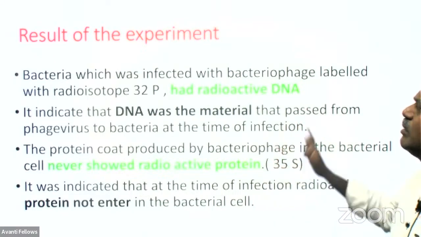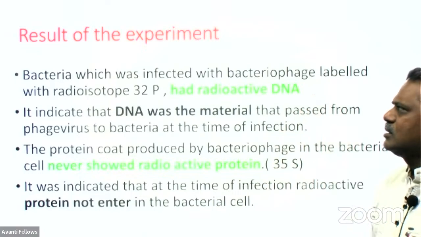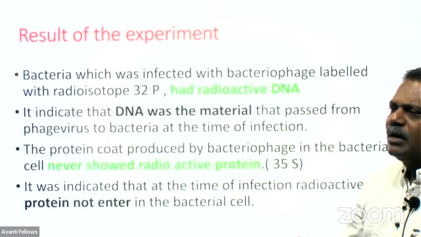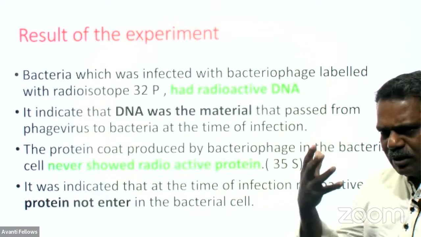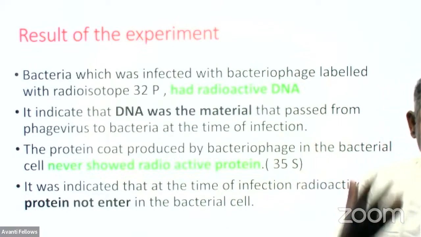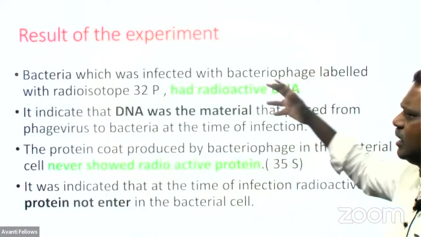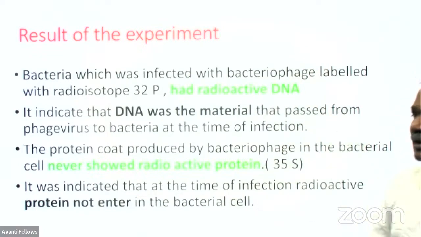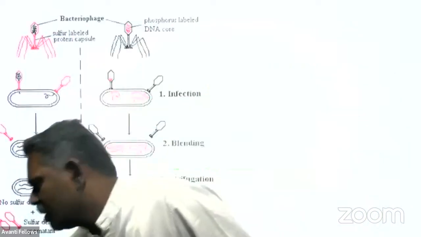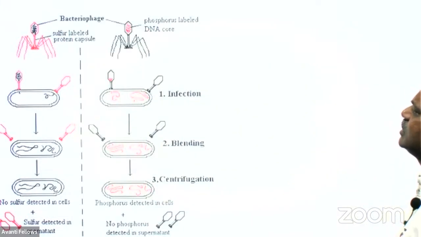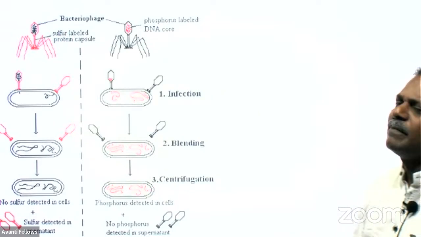This experiment helps us understand that the real genetic material taken into the bacteria from the bacteriophage is only the DNA, and by using the DNA only, it multiplies its number in the host, that is bacteria, right? And this is what the experiment proved, that the real genetic material is DNA.